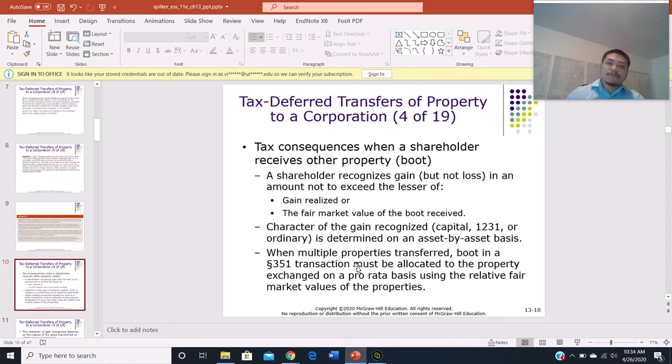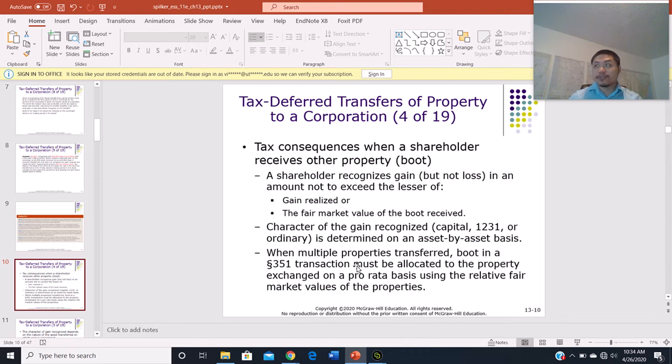The process of characterizing the gain has to be determined on an asset by asset basis. So basically, you have to look through each property transferred and determine whether it is a capital asset or an ordinary asset, to calculate the gain on that.